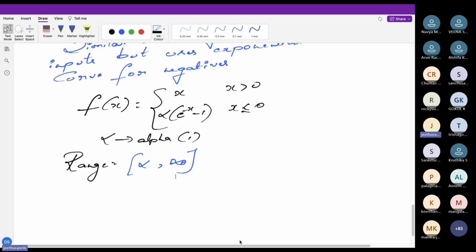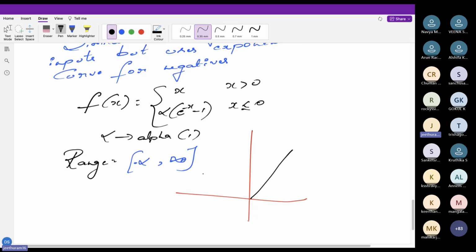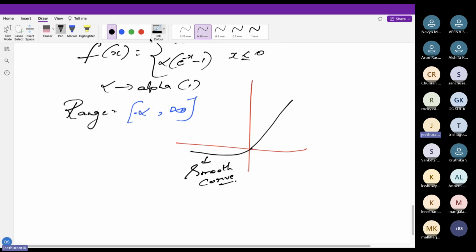It takes some small negative values and the graph looks something like this. This is x for positive values. For negative values, instead of a sharp line, it will be a curve, a smoother curve because of the exponential.